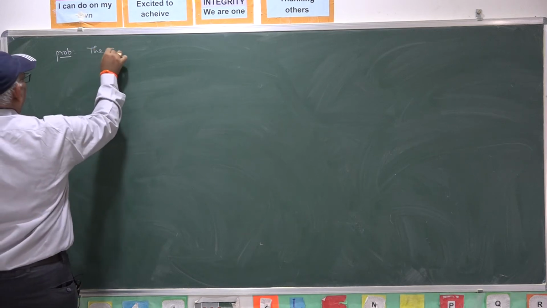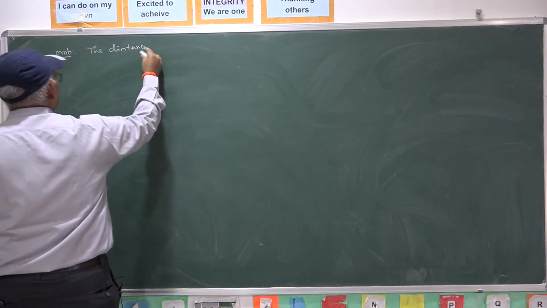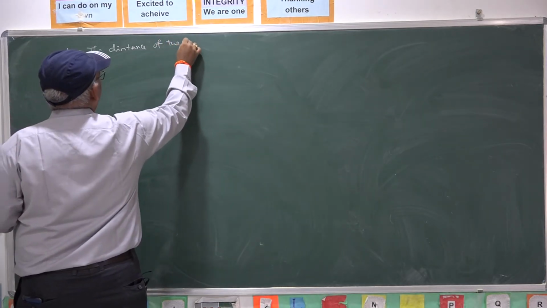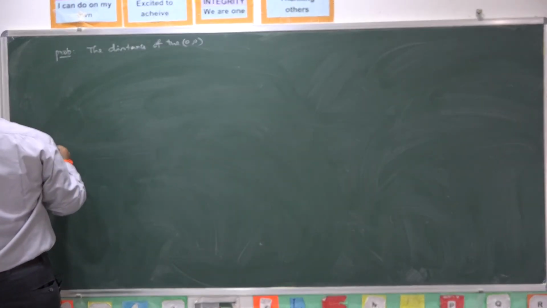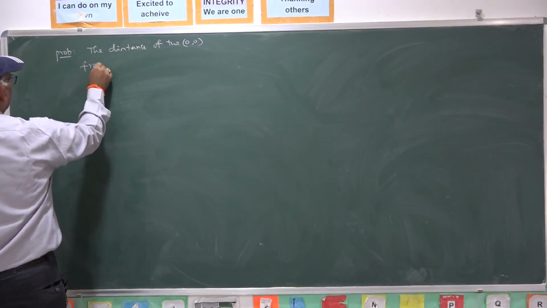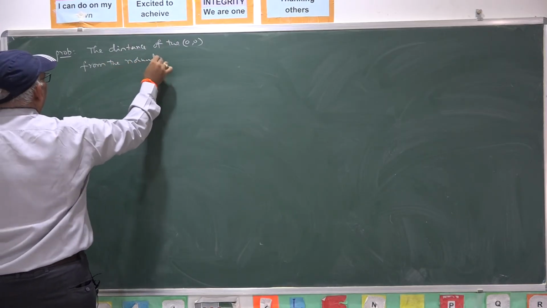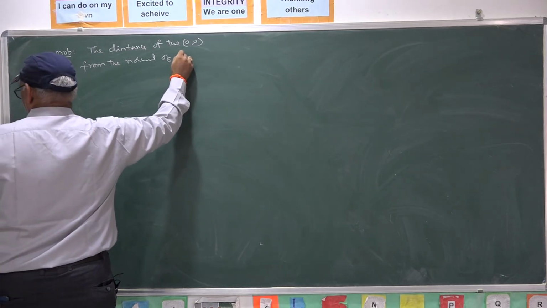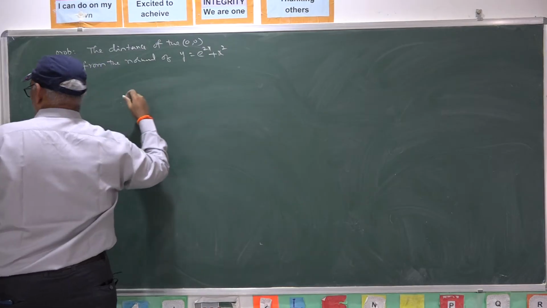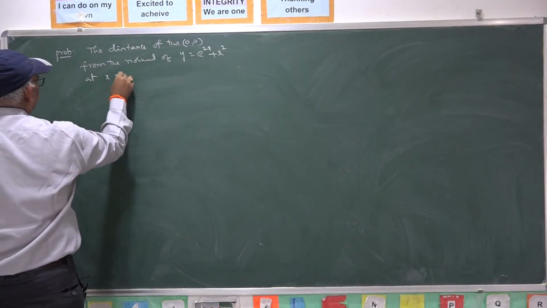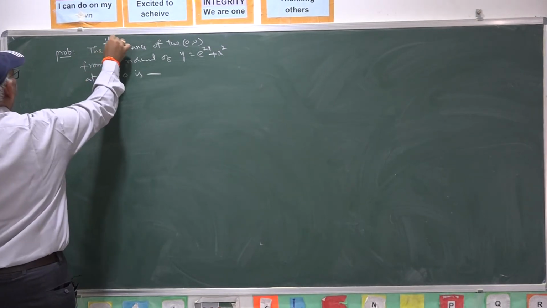The distance of the origin from the normal to the curve y equal to e power 2x plus x square at x equal to 0 is... Distance means perpendicular distance.